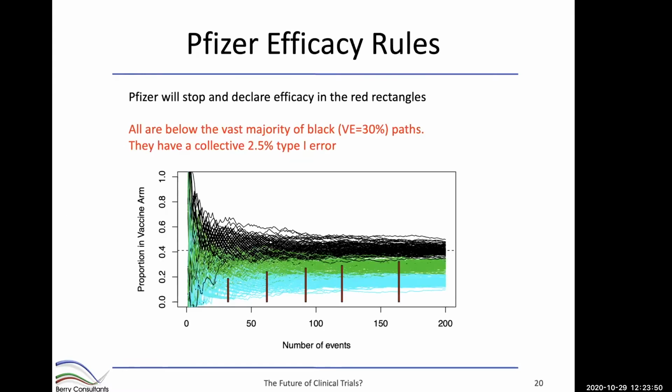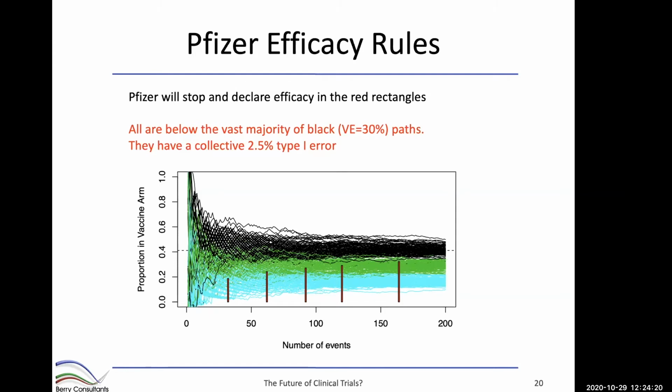And so what I've done on this graph is I've tried to put down where their success regions are. They can win at 32, they can win at 62, they can win at, my apologies, 92. So this is 92, 120, and then this is their final analysis. The important point here is that these have a collective 2.5% type 1 error.